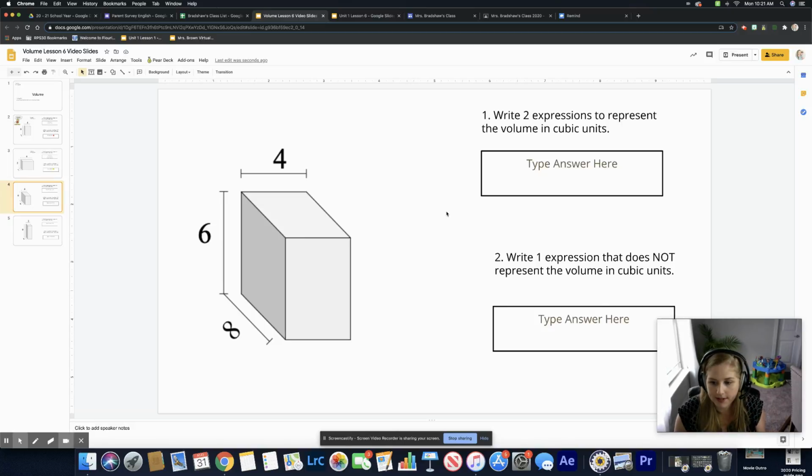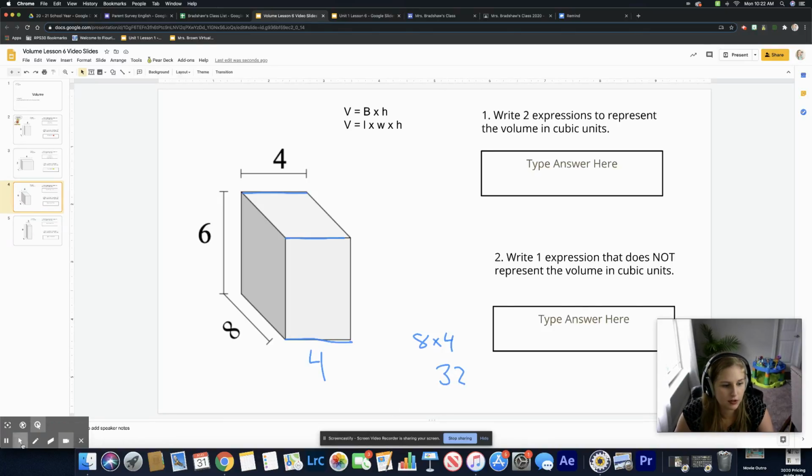So I want you to try this one. Go ahead and pause your video, and as soon as you think you've got it, come back and hit play. All right, welcome back. Let's try to solve this together. So the first thing I need to figure out is what my base is. So if this is 4, then this is 4, then this is 4. So I need to do 8 times 4 to figure out my base. Well, I know that 8 times 4 is 32.